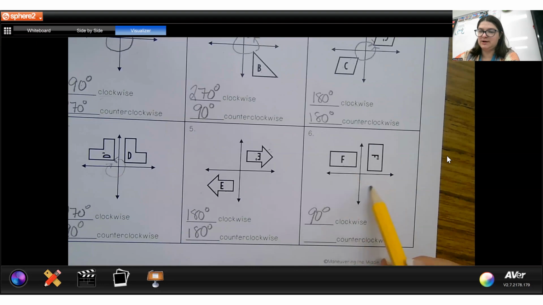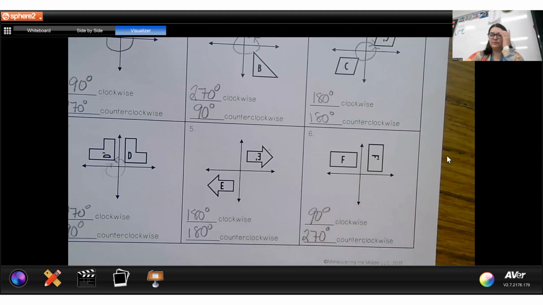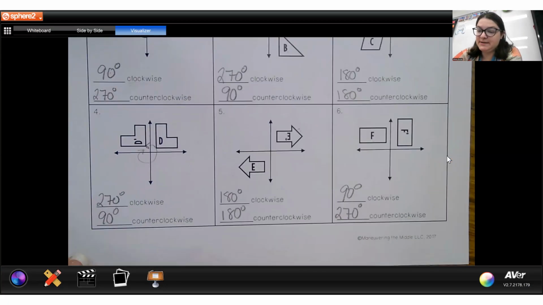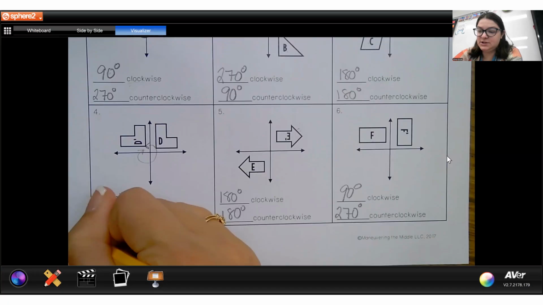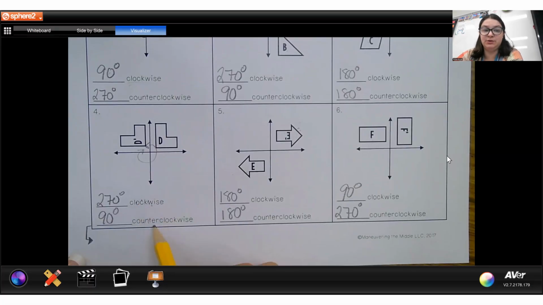It's the furthest way around, so that is 270 degrees. So if I am writing myself a nice complete sentence describing this rotation, I can use either one of these. It does not matter which one you use, as long as you're doing the correct degrees with the correct direction.